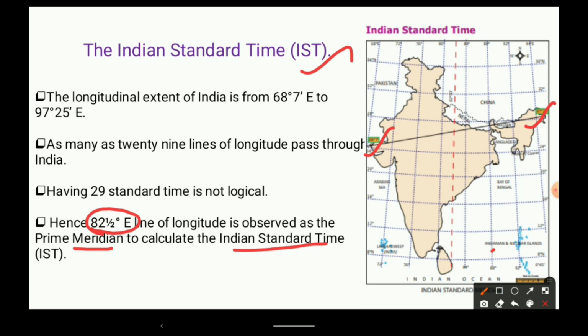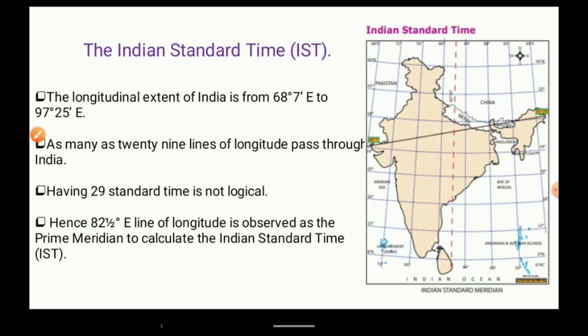To have a common time for our whole country, we take 82.5 degree east as our prime meridian to calculate our time. This is how Indian Standard Time works.